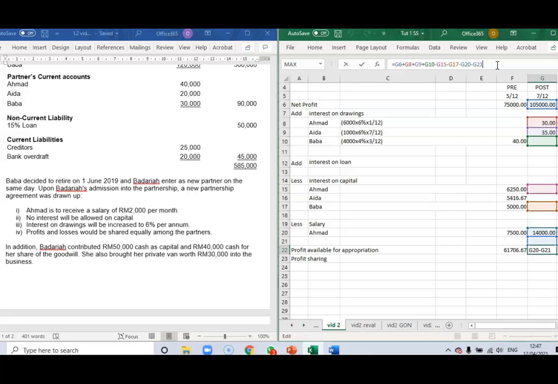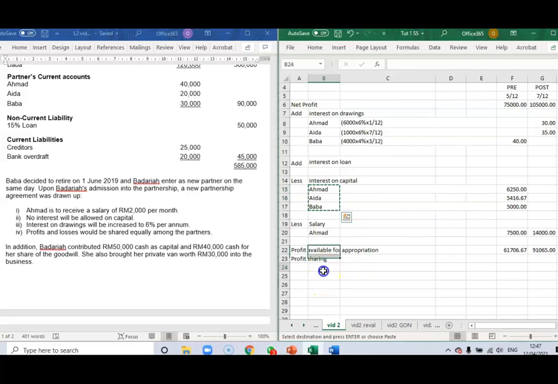Okay, right. So your confidence is correct. So you have three, the old partners and the new one.